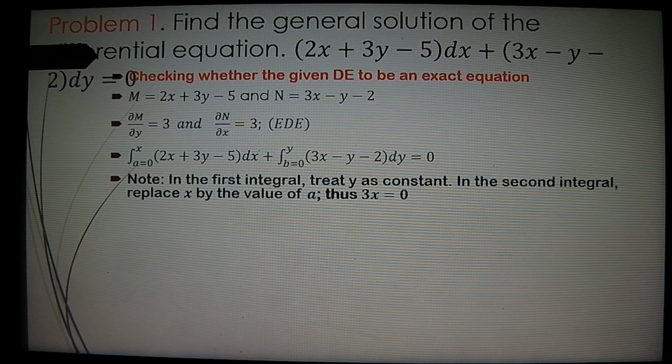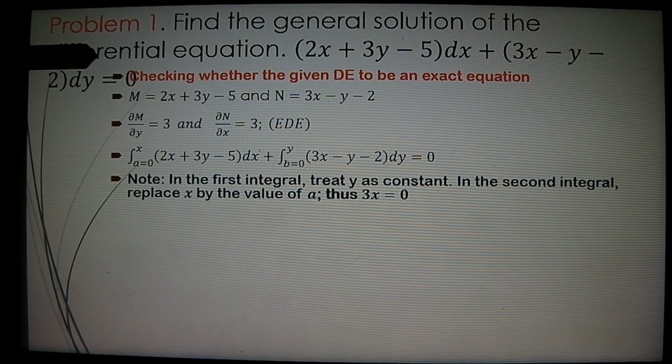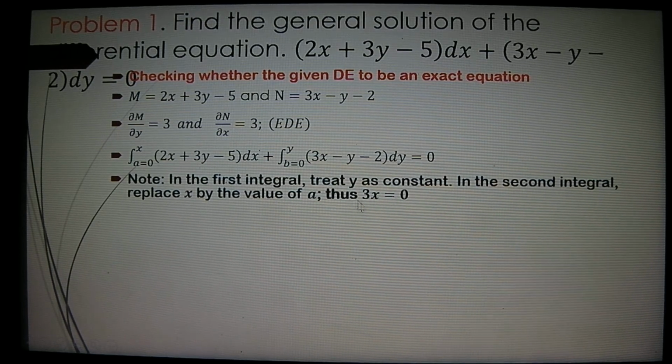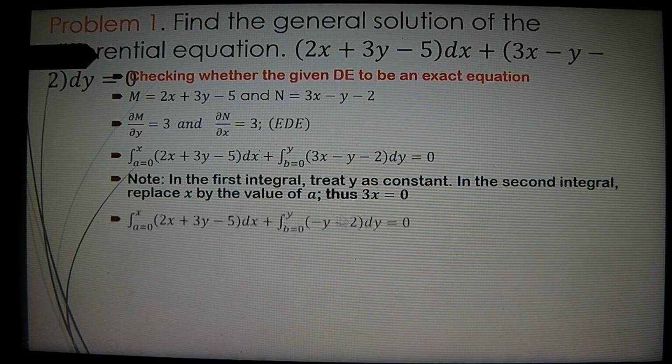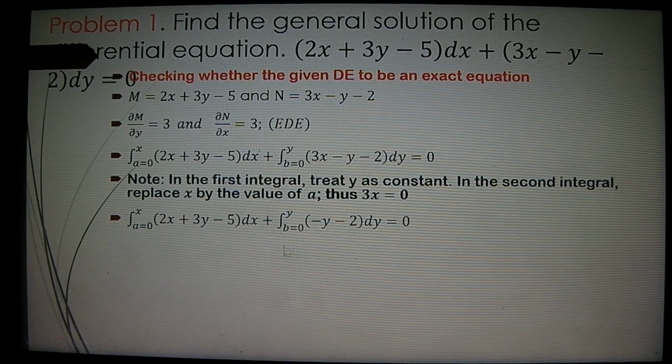While in the second one, we have to get the integral in terms of y, wherein we shall have to replace x by the value of a. Since a is 0, meaning 3x is 0. Okay, so therefore 3x is 0. So you have now to integrate. So therefore 3x is 0, so negative y minus 2.